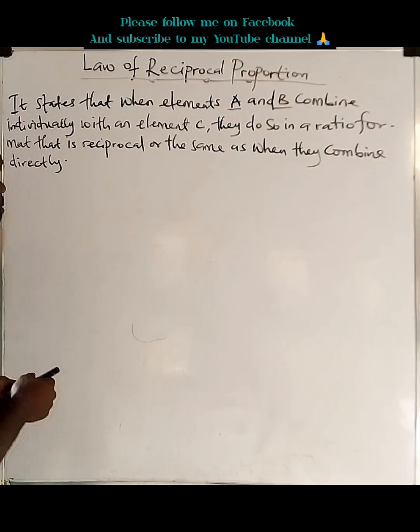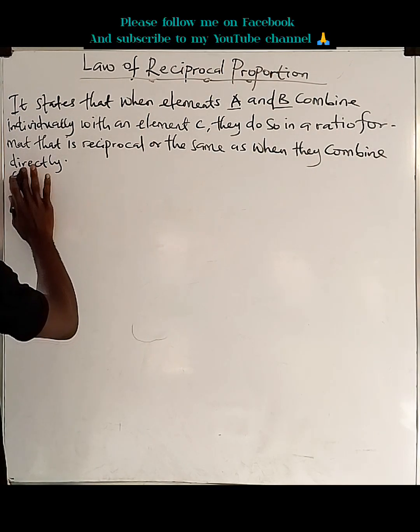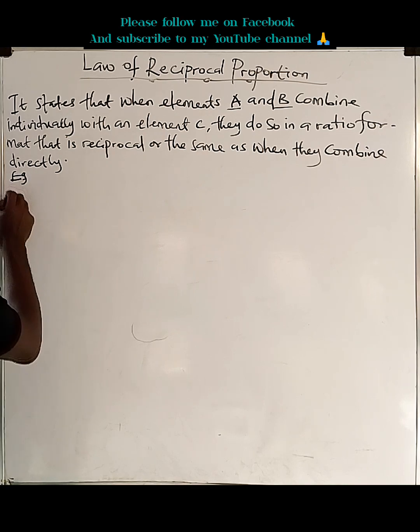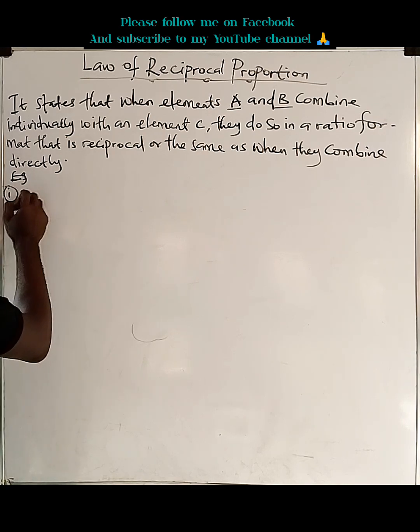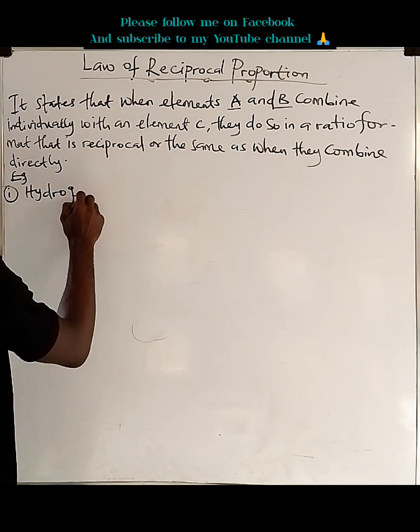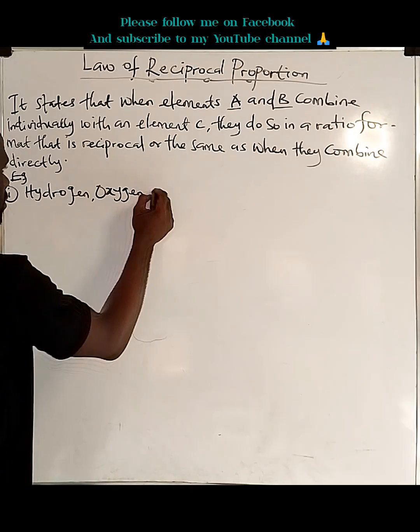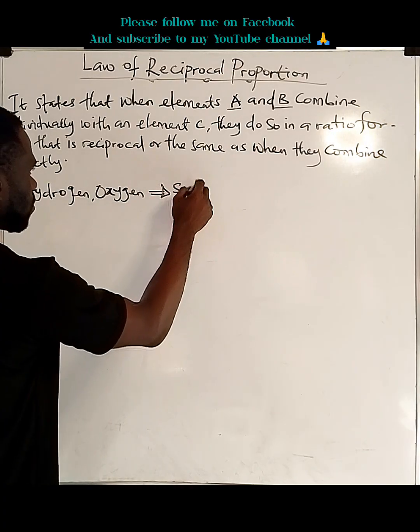So we're going to be looking at a couple of examples, two major examples. First of all, we're going to be looking at hydrogen and oxygen combining with sulfur.